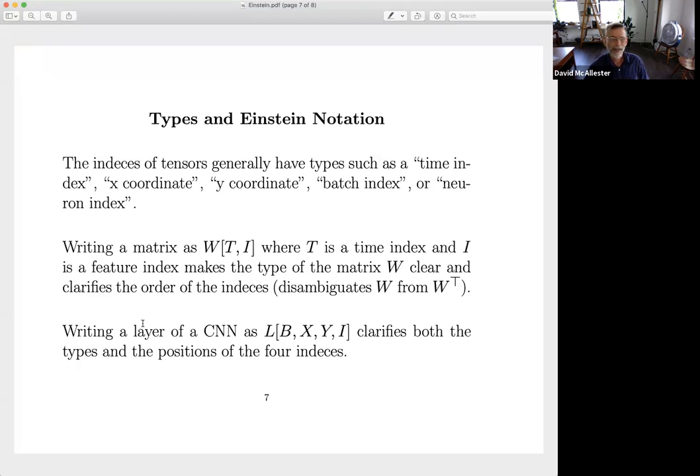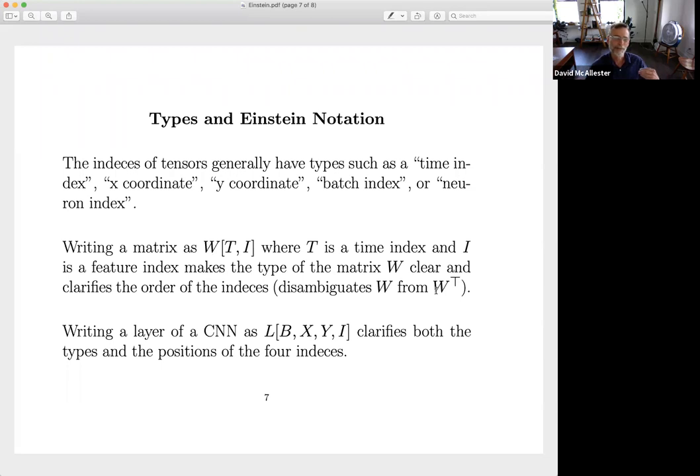For example, I can have a weight matrix that depends on a time index and a neuron index, which you would see in a recurrent neural network used for language. When you write the indices explicitly, you see the types of the indices, and you also see the order of the indices. That disambiguates a matrix from its transpose.